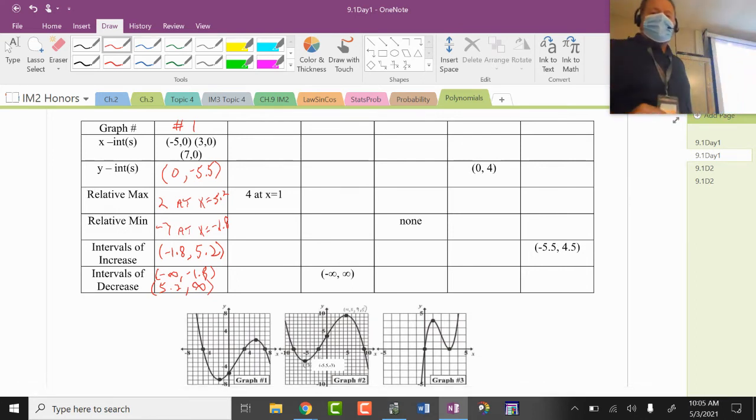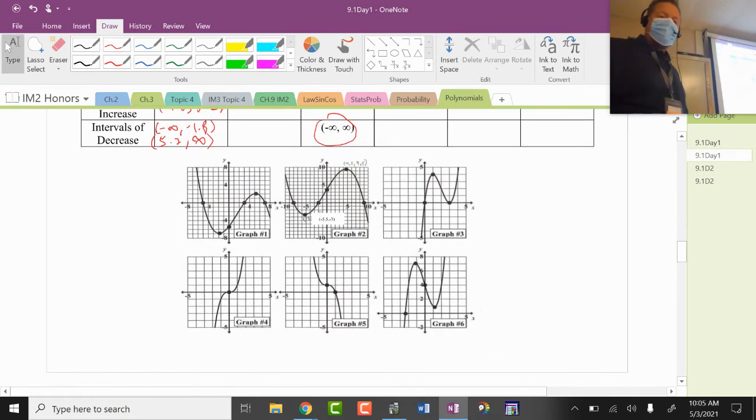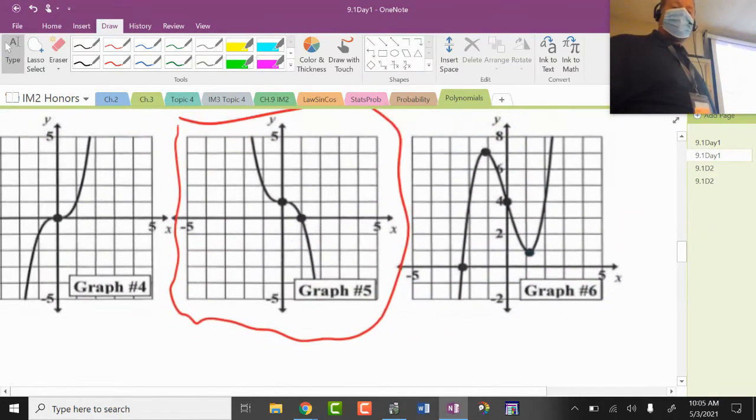All right, and then I'm going to skip to the third one. Which one has only an interval of decrease? That's what that means. It's decreasing from negative infinity to positive infinity. What number is that? 2, 3, 4, 5, or 6? It's 5. So we're looking at this one. And I do want to focus on that. That's one of the ones that we graphed today.